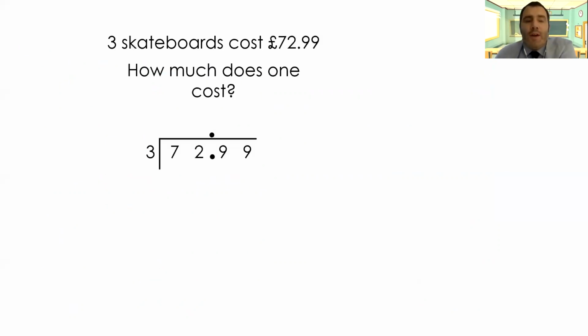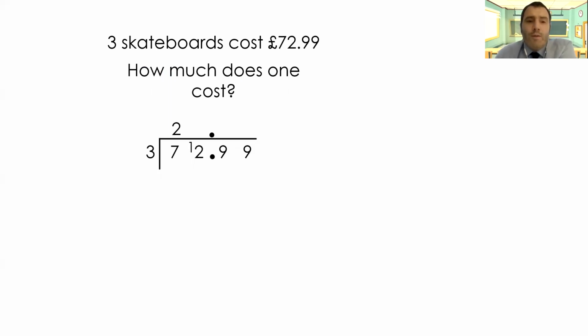So looking at this question, 3 skateboards cost £72.99. How much does 1 skateboard cost? So we've got a decimal number in here as well. The process is the same. We look for how many lots of 3 are in 7, of which there are 2. We've got 1 lot of 10 left over, so we're going to exchange it across.